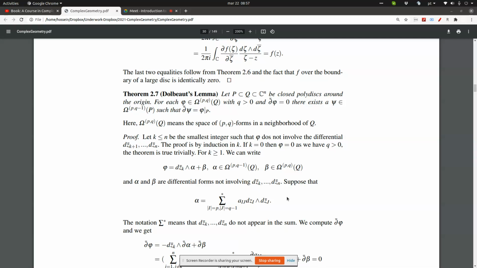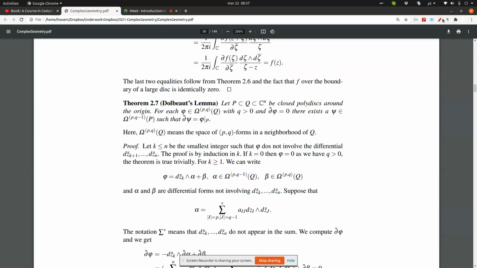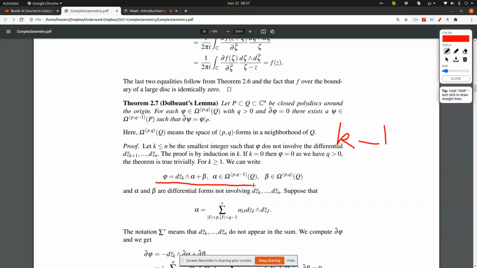Once we assume the hypothesis of our induction for k minus one, we want to prove it for k. So in our phi there will be dz_k bar, and there is no dz_{k+1} bar until dz_n bar.